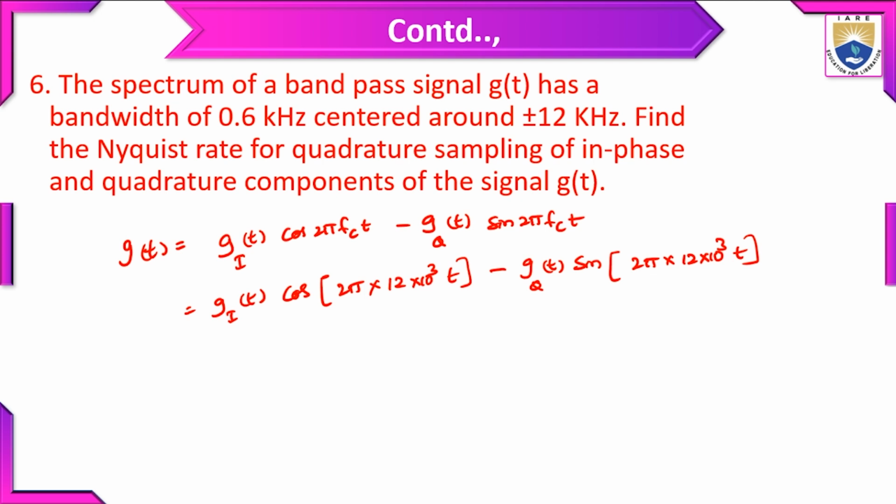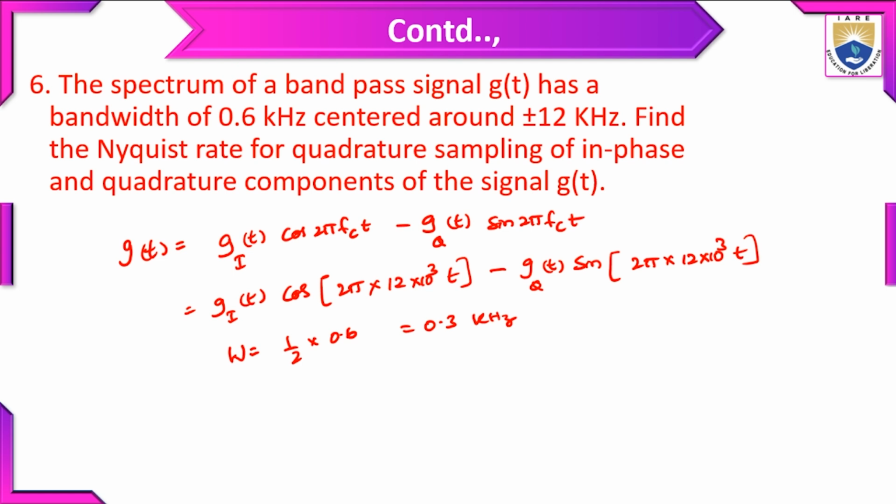Where g I of t and g q of t are low pass signals with a bandwidth of W equal to 1 by 2 into 0.6, so 0.3 kilohertz. So this is the bandwidth. Okay. The given signal bandwidth is 0.3 kilohertz.